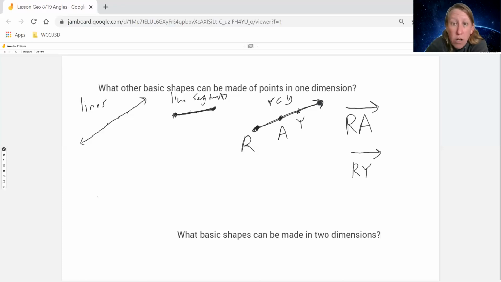So ray RY. If I was talking about ray YA, that would be super different. Or ray AR, that would be super different. It would not be the same set of points. If I was going from A out to R as a ray, it would be the points over here on this side. That's not what I want. I want the points that are represented.